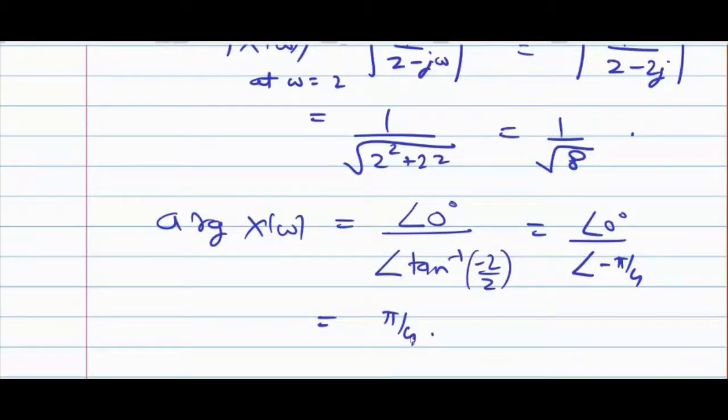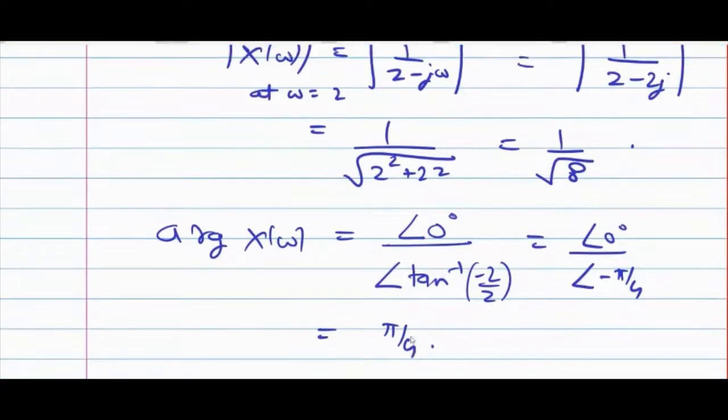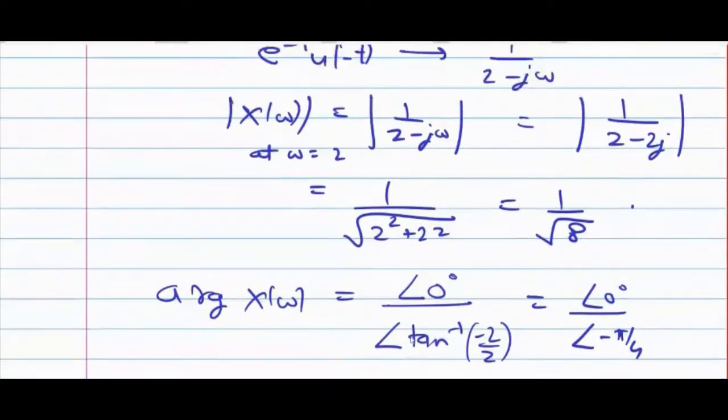But where are these coordinates present? 2, minus 2. What are the coordinates here? This is the real axis. This is the imaginary axis. So where are these coordinates present? Real part is 2. Imaginary part is minus 2.